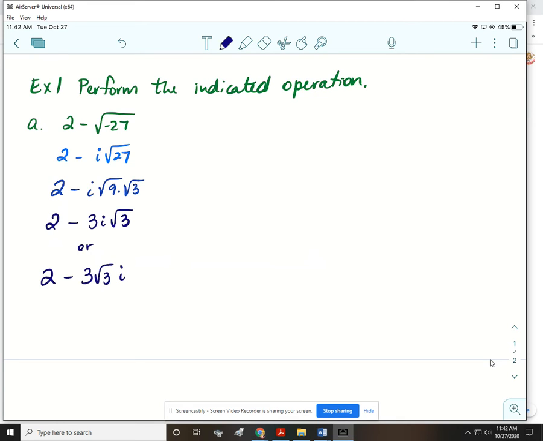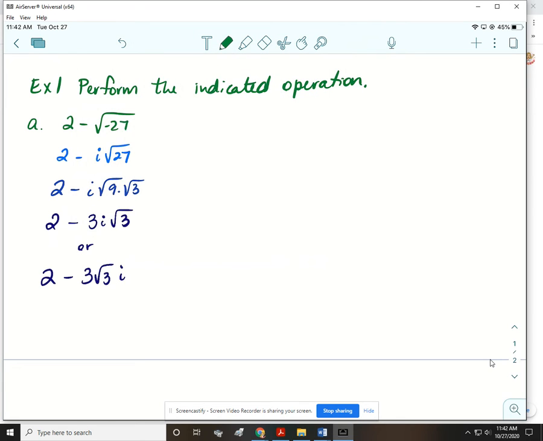I don't care how you write it, honestly. They're both right. But like I said, a lot of times in this book in particular, they'll do the whole number in front, the i at the end. So in this one, the real part is 2. The imaginary part is negative 3 square root of 3 i. So this one is in standard form.